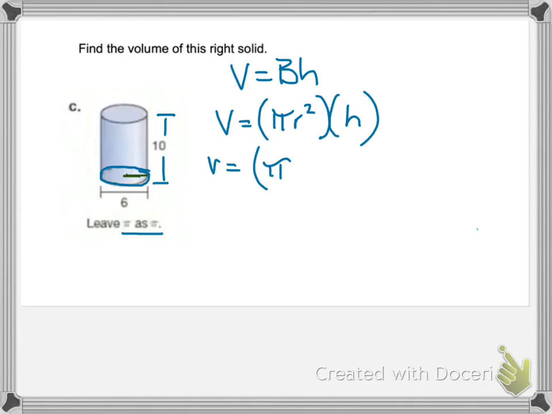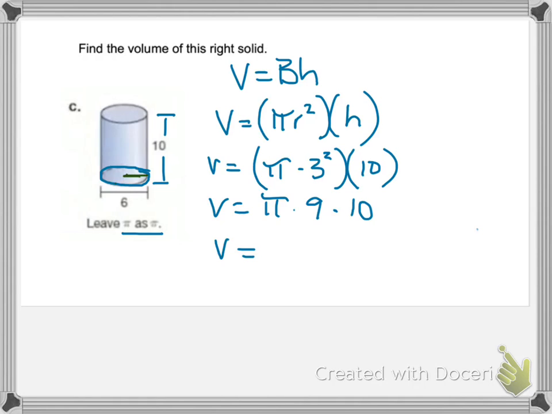So what is my radius in this instance? It is 3, and I'm going to square that 3 times my height of 10. Well, volume will equal pi times 9 times 10. So my volume will equal, and let's call these inches, 9 times 10 will give me 90 pi inches cubed.